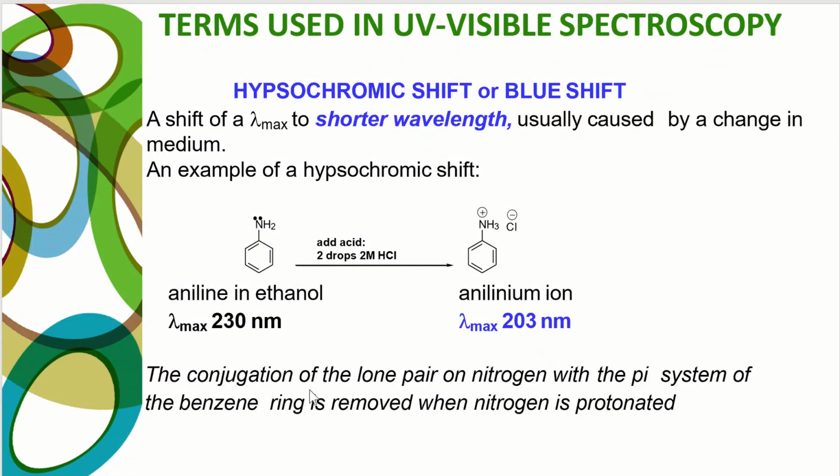And so the conjugation of the lone pair on the nitrogen with the pi system of the benzene ring is removed when it is protonated. So we don't have to spend any time on that because we looked at a similar example.